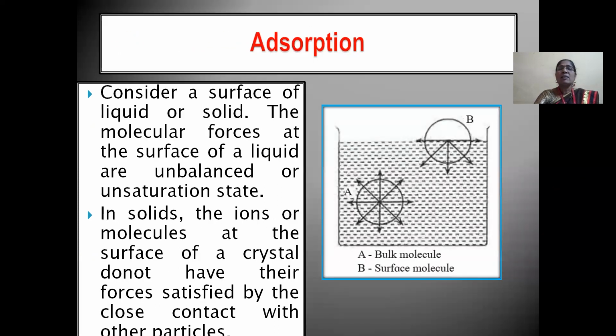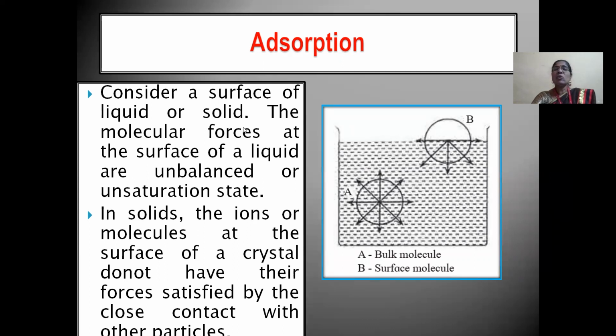So, here we can discuss the process of adsorption. Consider a vessel filled with a liquid, and here we can observe two kinds of molecules. One molecule is present in the bulk, that means atoms as well as molecules, and another molecule is always present at the surface of the liquid.